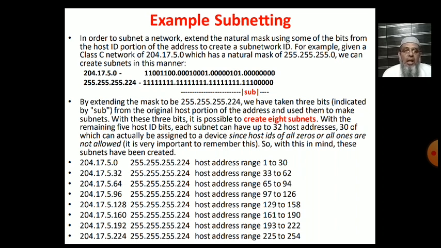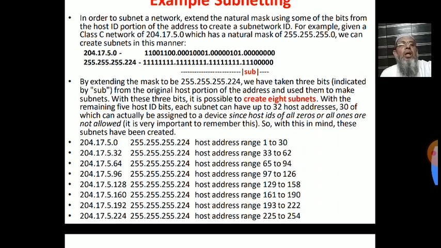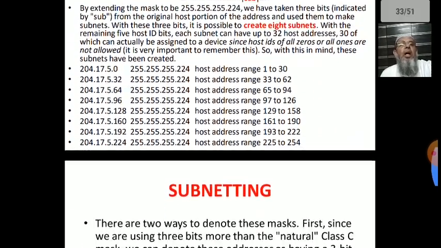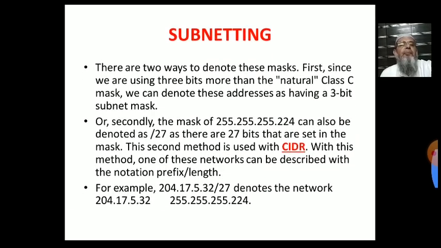In the last row, we can see the subnet ID is 204.17.5.224 and the subnet mask is 255.255.255.224, the same for all the subnets. Now the host address range will be 225 to 254. So this is the illustration of how subnetting is done.